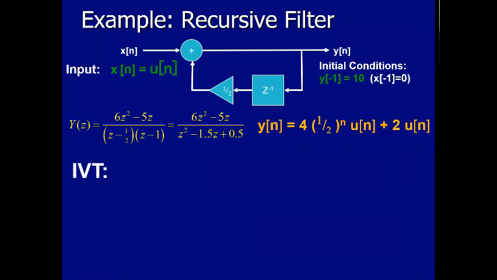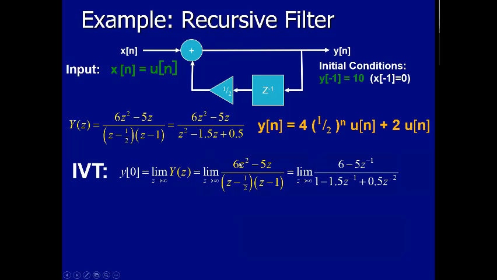Now, according to the initial value theorem, if I want to know what the output was at n equals 0, and I have the transform available to me, I just substitute in and take the limit as z goes to infinity in my Y of z. And so that would be the limit as z goes to infinity of either of these two forms, with or without the factored denominator.